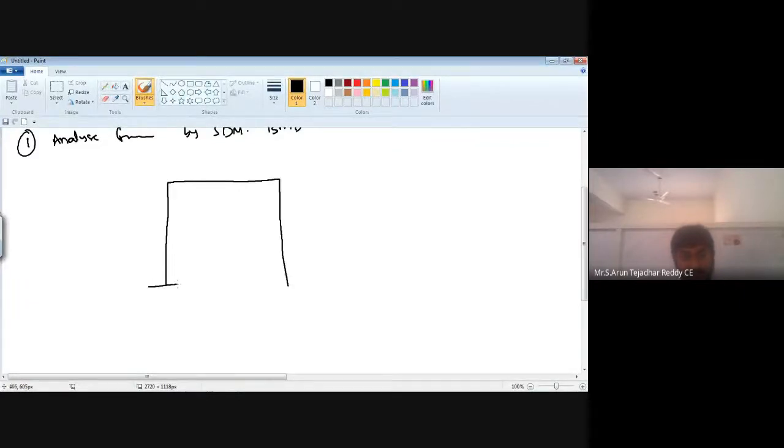This is the given diagram. Here it is A, here it is B, here it is C, here it is D. Here B to C.